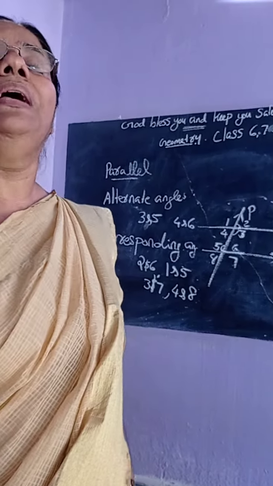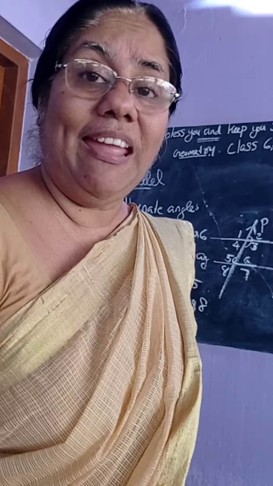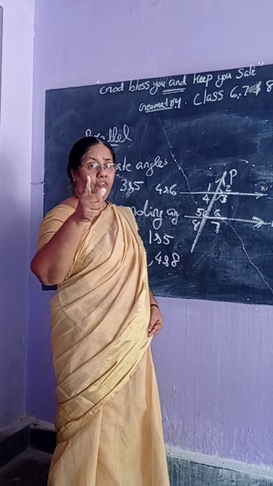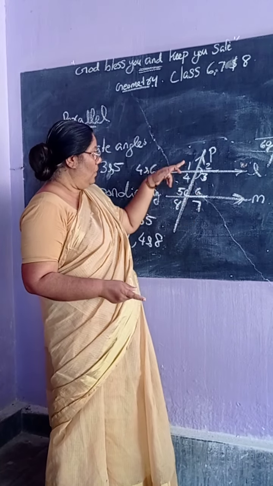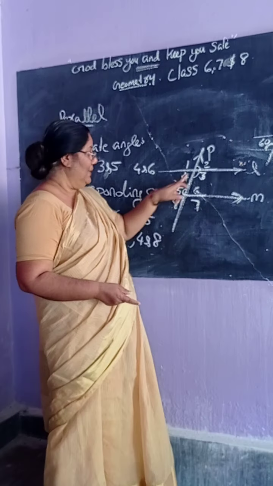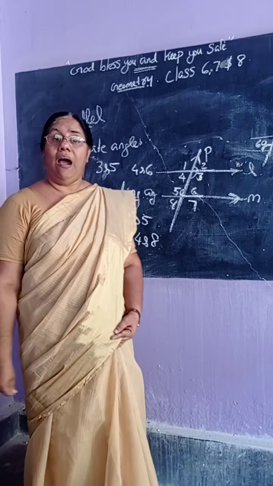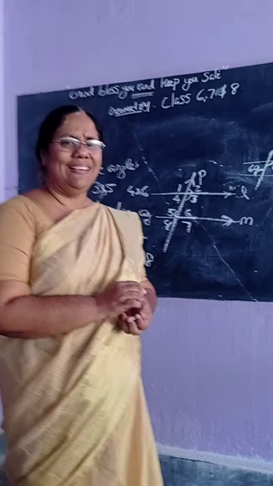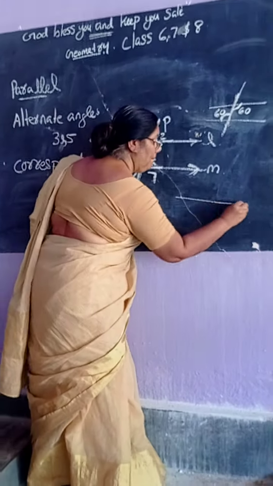Corresponding angles are also equal. Alternate angles are equal. Corresponding angles are equal. Once again, all of you look here. What is the meaning of corresponding angle? 2 and 6, 1 and 5, 3 and 7, 4 and 8. They are known as corresponding angles, and corresponding angles are equal. Then all of you look here.